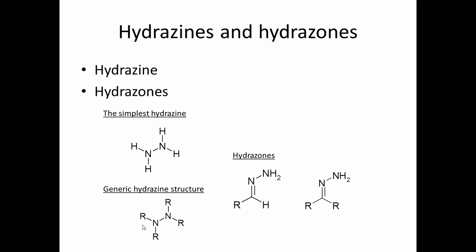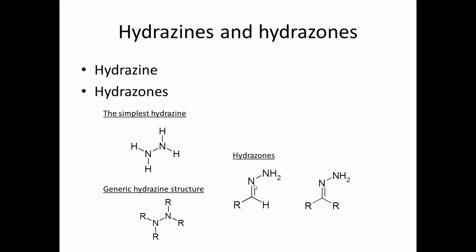But we can have the generic hydrazine structure where we don't necessarily have hydrogens, but we have R groups associated with the hydrazine. These can be methyl groups, or they can be longer carbon chains. They can be aromatics. Depends. So we have hydrazines, but then we also have hydrazones. Now hydrazones are a little bit different because we have the nitrogen-nitrogen bond here, and in one half of the molecule we have NH2, basically an amine.